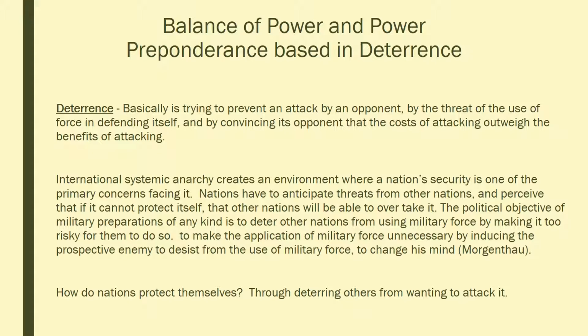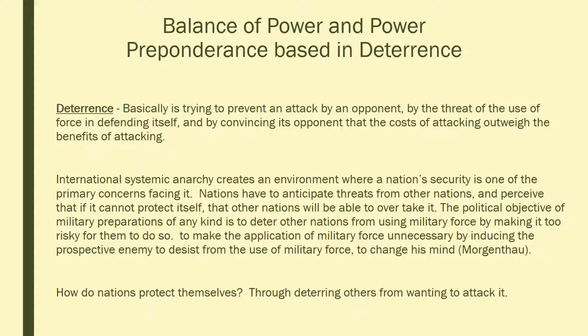Both of these ideas are fundamentally based on deterrence. Deterrence, I have here, is basically trying to prevent an attack by another country. And you can threaten that other country through saying that you're going to defend yourself. And you have to convince that other country that you're going to stand up for yourself.